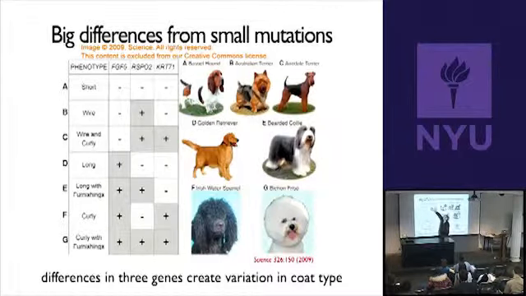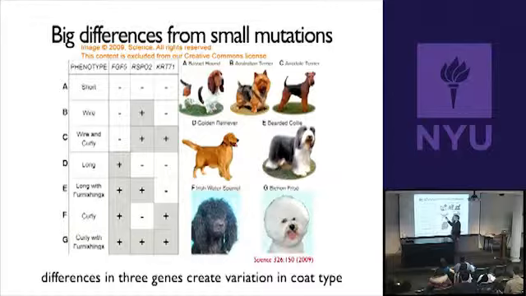An Australian Terrier, which has short hair but it's wiry, has a mutation in this one gene here, R-spondin 2. An Airedale Terrier, which is wiry and curly, has a mutation in 2 of the genes. A Golden Retriever, which is sort of the opposite of that, with long hair that's not curly, has a mutation in this gene.